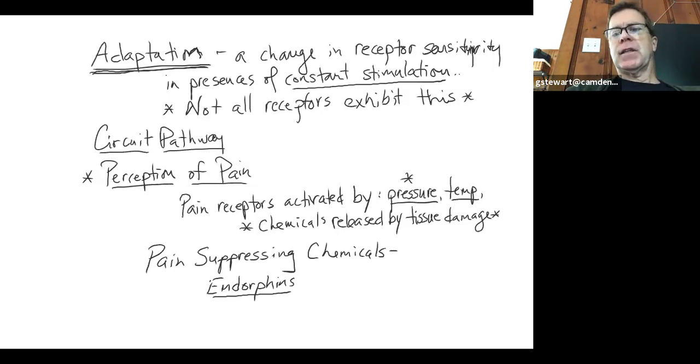That comes from the release of endorphins. Chemicals can also release endorphins. Certain drugs can release endorphins. There's another class of pain-suppressing chemicals called enkephalins. Enkephalins are inhibitory chemicals that physically dampen pain signals in the brain.